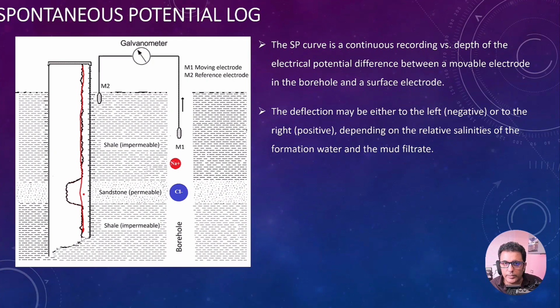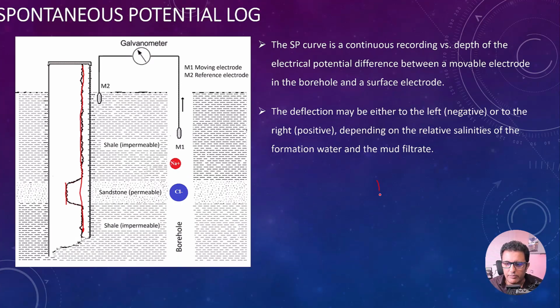And whenever we see some deviation to the left of the line, it corresponds to any permeable layer. For example, we may consider this layer as our permeable layer, and the other layers are impermeable. This is how it works. So it is very easy.